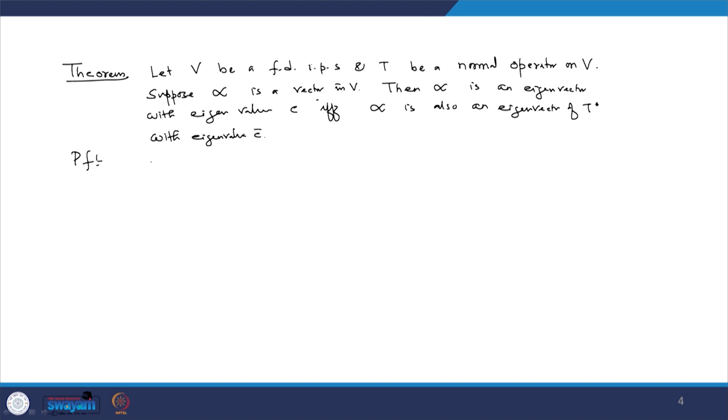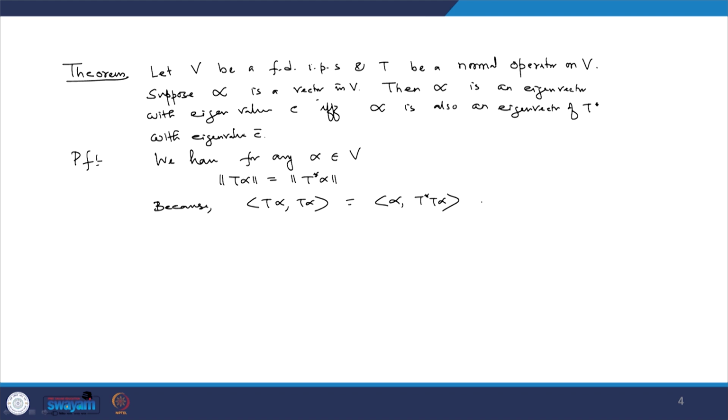We have, for any alpha belonging to V, norm of T alpha equal to norm of T star alpha, because inner product of T alpha with T alpha equal to inner product of alpha with T star T alpha, which is equal to inner product of alpha with T T star alpha.